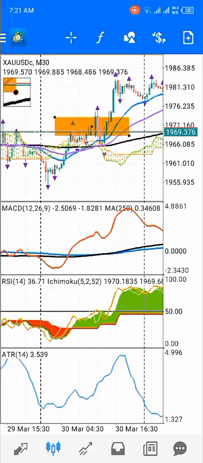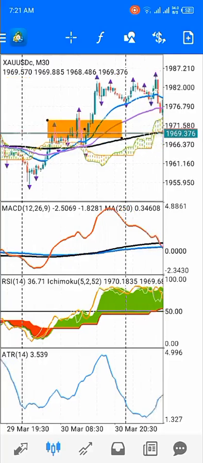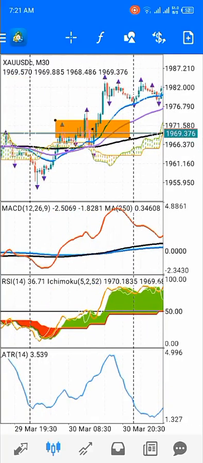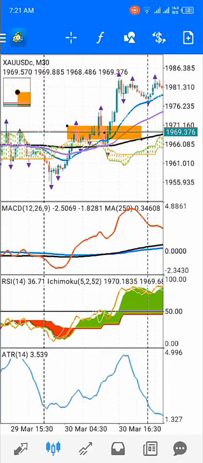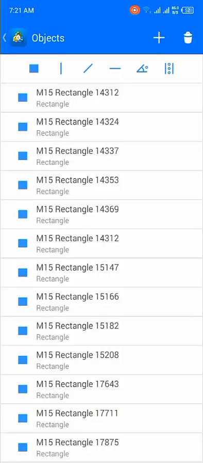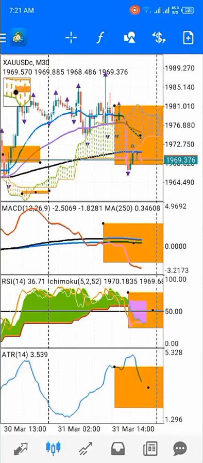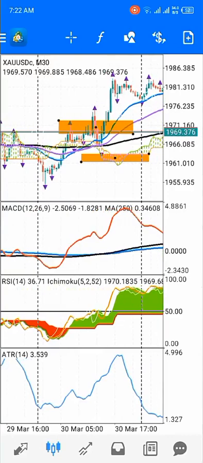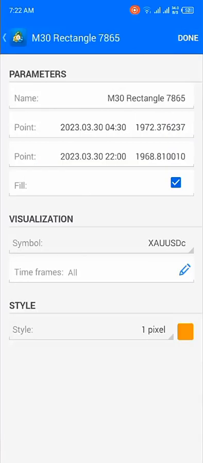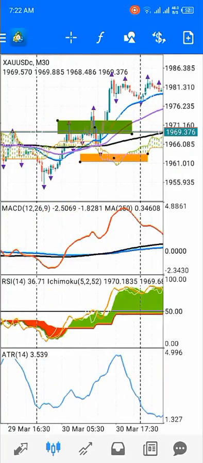For instance, you place your buy order around this point. And the stop loss will be below the Ichimoku.